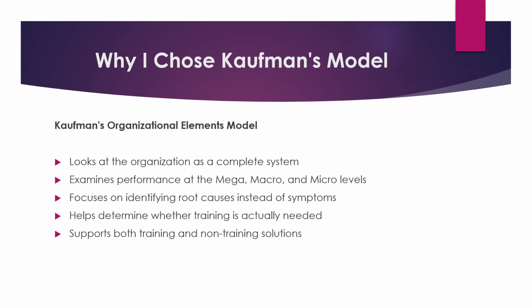It also helps distinguish whether the performance gap should be solved through training, organizational improvements, or a combination of both. Since EduCore's leadership wasn't sure where the problem was coming from, I felt this model provided the best framework for organizing my analysis.